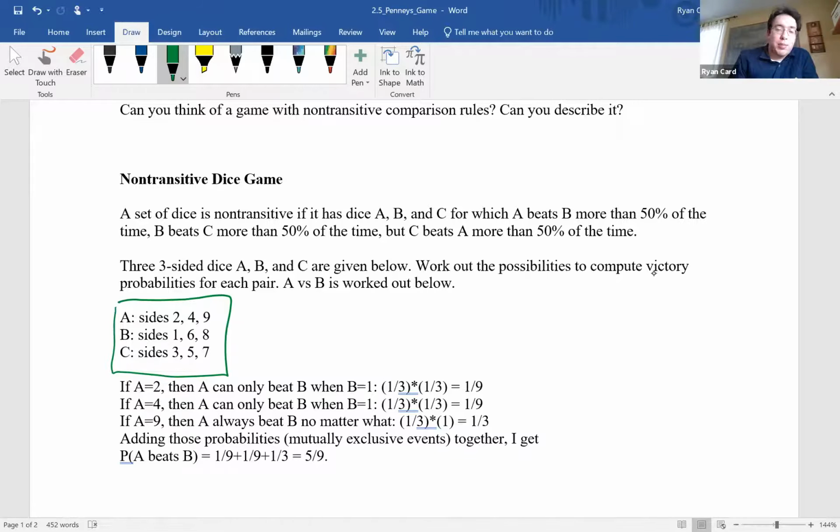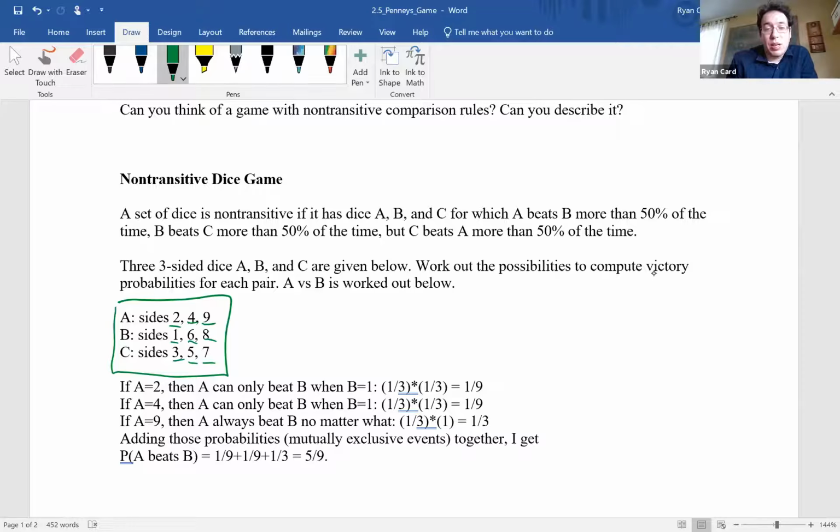Let's say they have 3 sides, or if you don't want to think about a 3-sided dice, that's a really weird shape, maybe it's a 6-sided dice and 2 of the faces have these numbers. So if you have a dice with 3 numbers, 2, 4, and 9, equally likely, 1/3 probability each, and another dice 1, 6, 8, and the third dice 3, 5, 7.